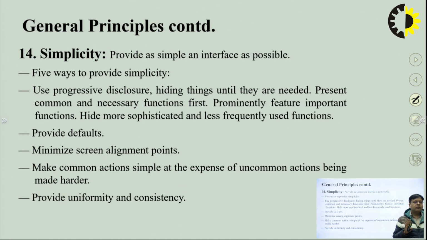Make common actions simple at the expense of uncommon actions being made harder, right? So make the common simple, and provide uniformity and consistency. The alignment of screen elements should be uniform. There should be a balance. If there is an unbalanced screen, it will be unaesthetic, and that is not desirable to the user.